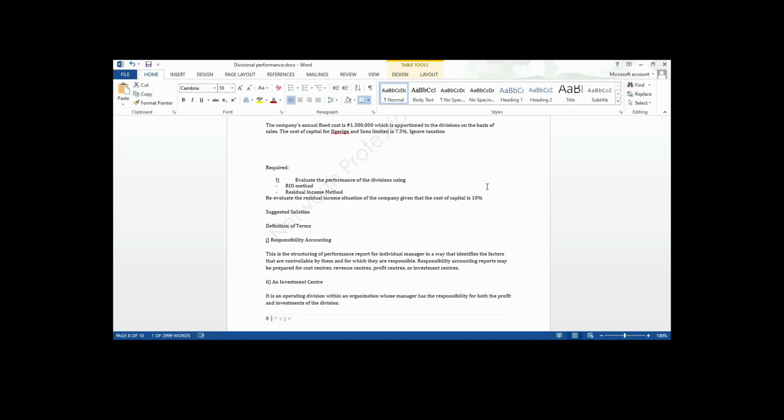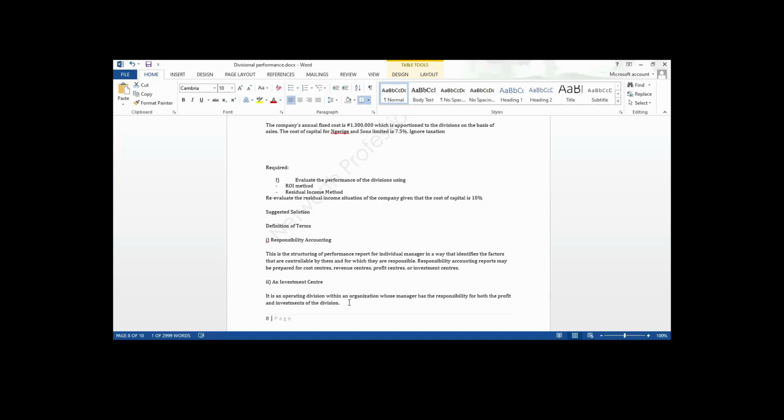Investment center. Very clear, sir. We also explain investment center. A division that takes responsibility for both the profits and the investments of the division. It is an operating division within an organization whose manager has the responsibility for both profits and investments.